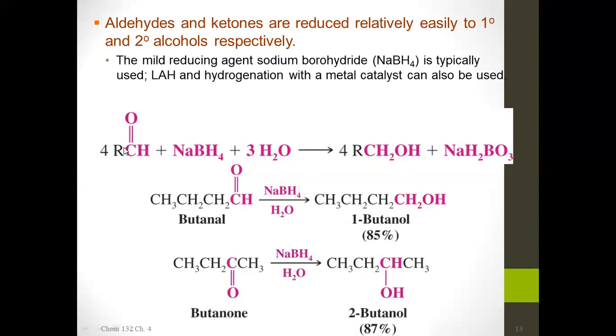It's 4 moles of your aldehyde, and you get also 4 moles of your alcohol, because you have four sources of hydride from sodium borohydride here, and of course you need water. But generally in this reaction, instead of using diethyl ether, you can actually use water as your solvent.